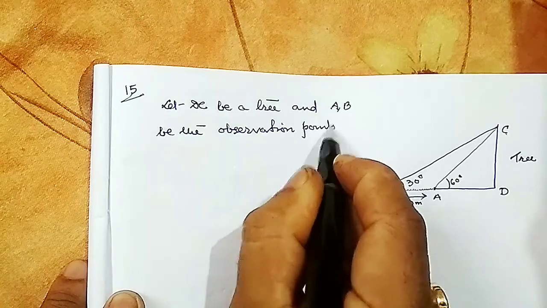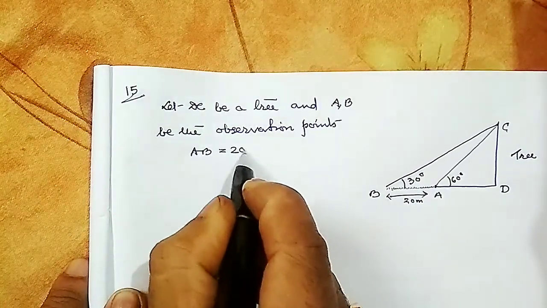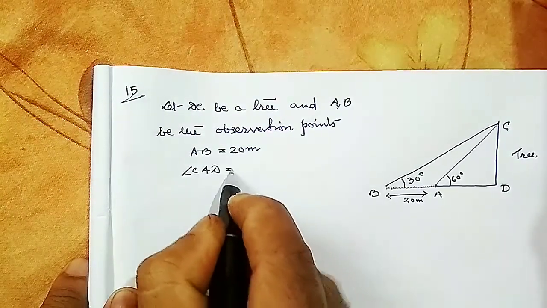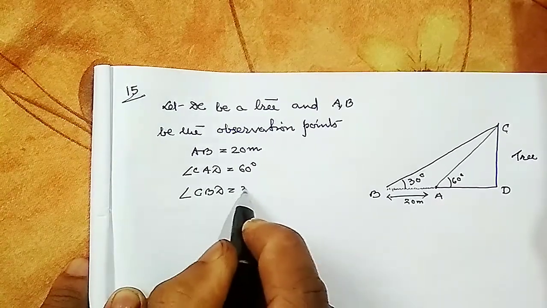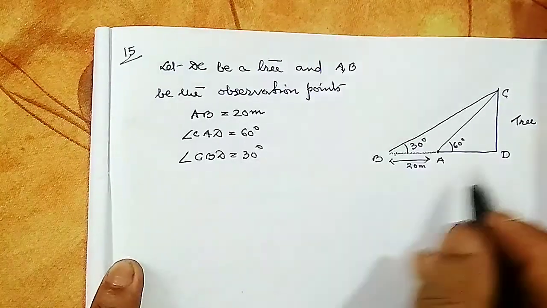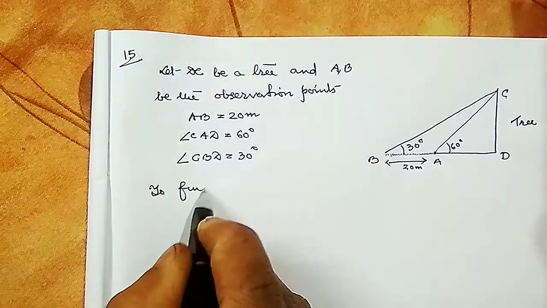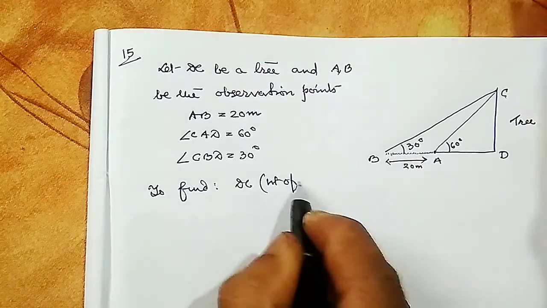Clear? Here AB equals 20 meter. Angle CAD equals 60 degree. Angle CBD equals 30 degree. What we have to find? We have to find the height of the tree. That means we have to find DC, the height of the tree.